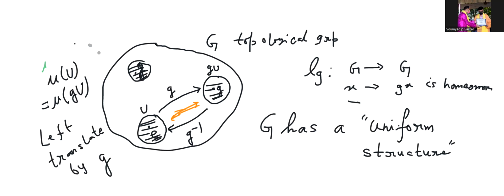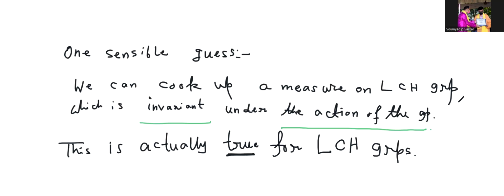Now, one sensible guess. I want to cook up a Radon measure on a locally compact group because I know that locally compact groups are very nice. We already discussed in the last two videos that in a locally compact Hausdorff space, we have the Riesz representation theorem.